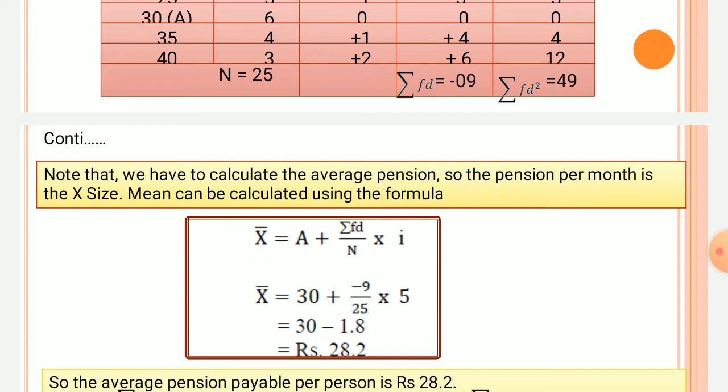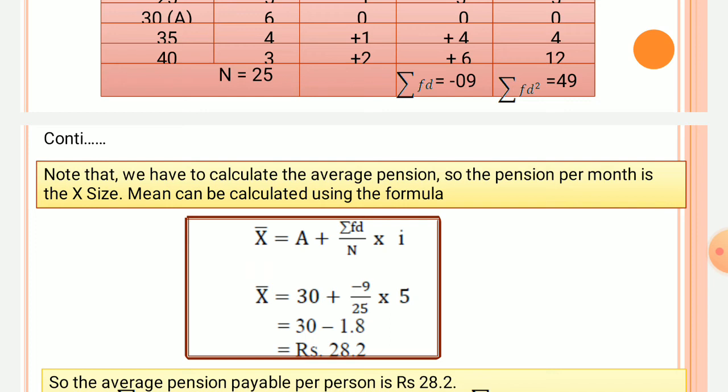So x bar is equal to a, the assumed value 30, plus sigma fd, minus 9, by n, total frequency 25, into i, class interval 5.